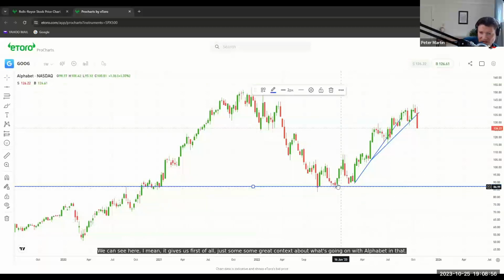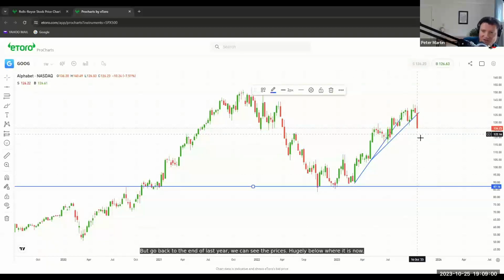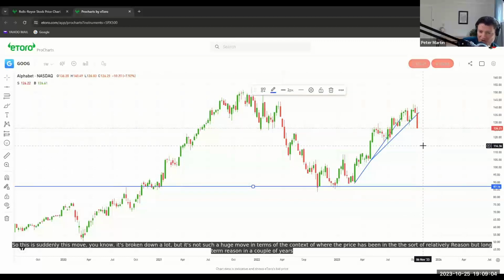If we go back to the end of last year, we can see the price is hugely below where it is now. So this move has broken down a lot, but it's not such a huge move in the context of where the price has been over the relatively recent, but long-term recent, couple of years.